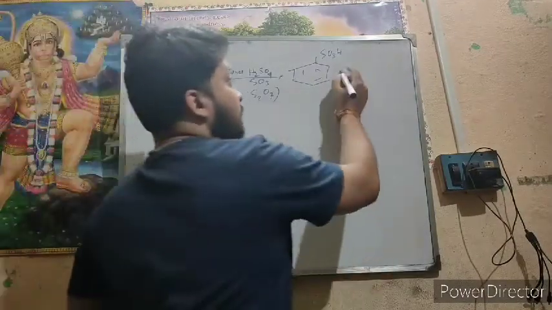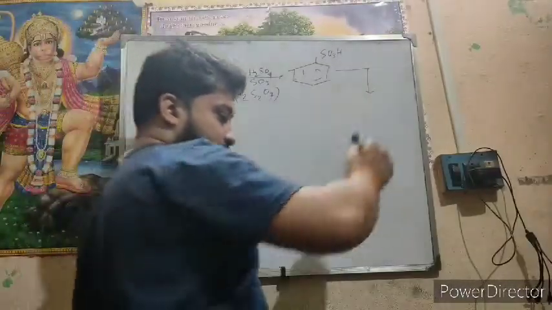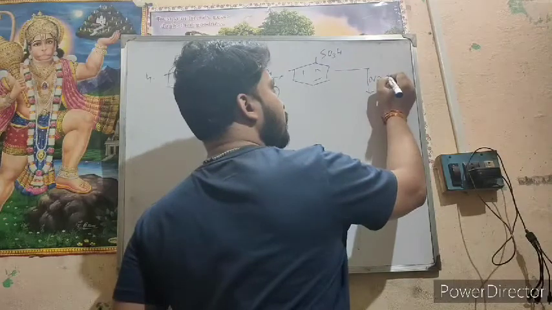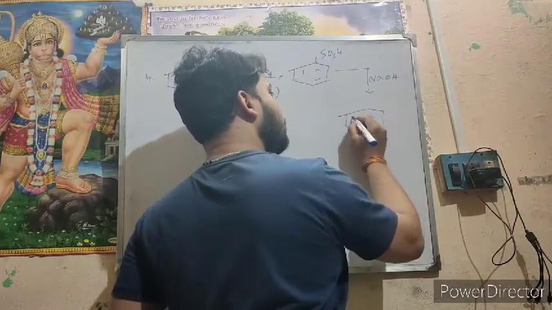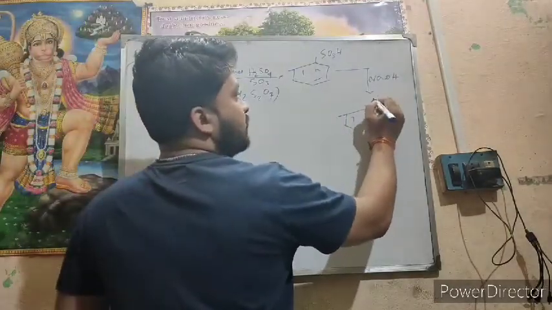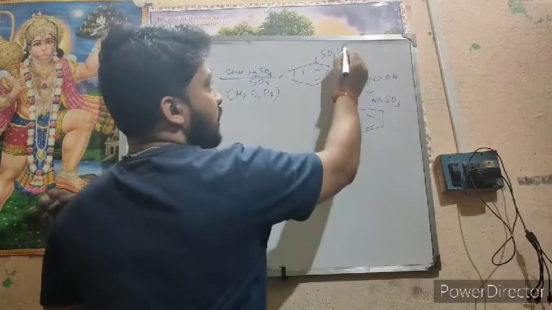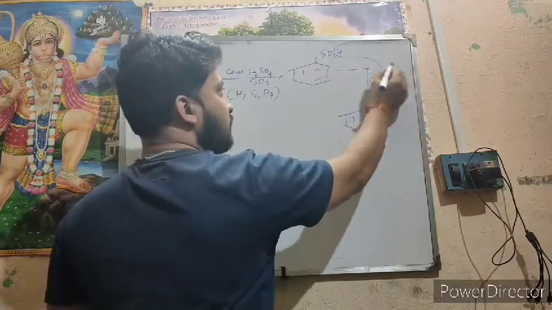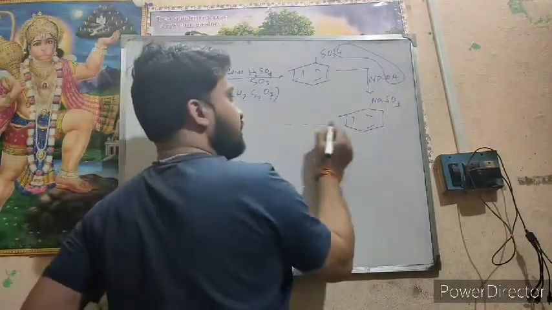Then it reacts with NaOH. When you react with NaOH, you get SO3Na, and the H is removed from here, forming water.